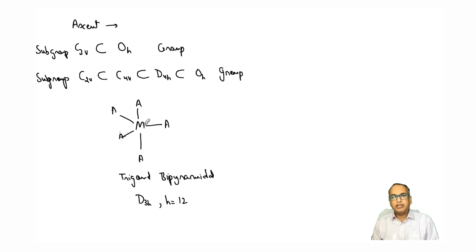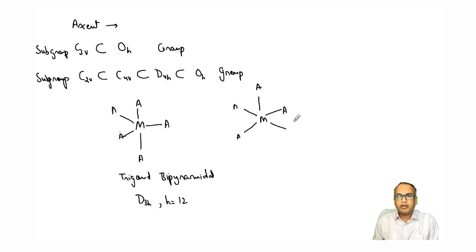Now let's say there is some sort of chemical reaction, and the structure of the molecule changes from trigonal bipyramidal to square pyramidal. That can happen, right? So if that happens, the point group changes to C4v and the order is 8.